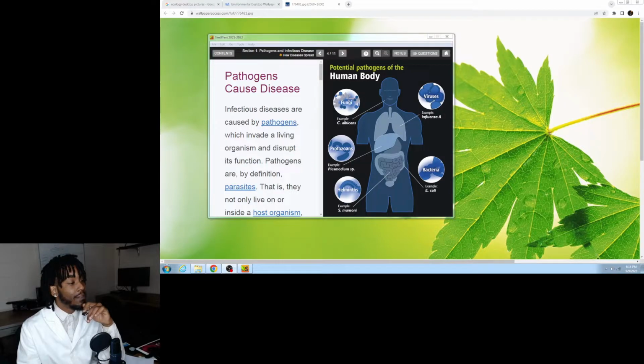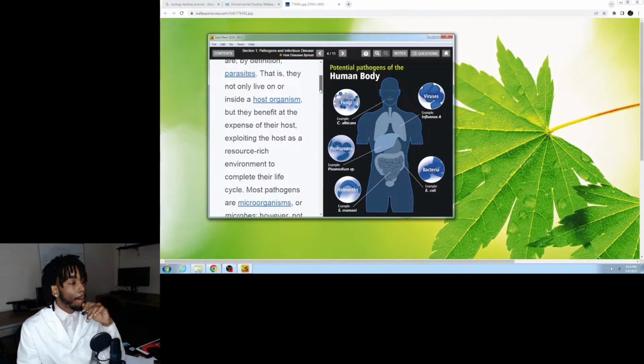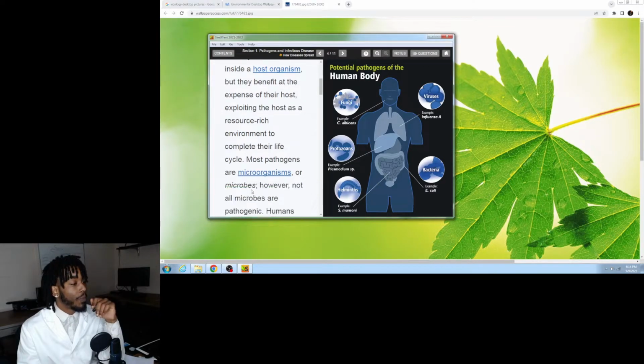Pathogens are by definition parasites. That is, they not only live on or inside a host organism, but they benefit at the expense of their host, exploiting the host as a resource-rich environment to complete their life cycle.